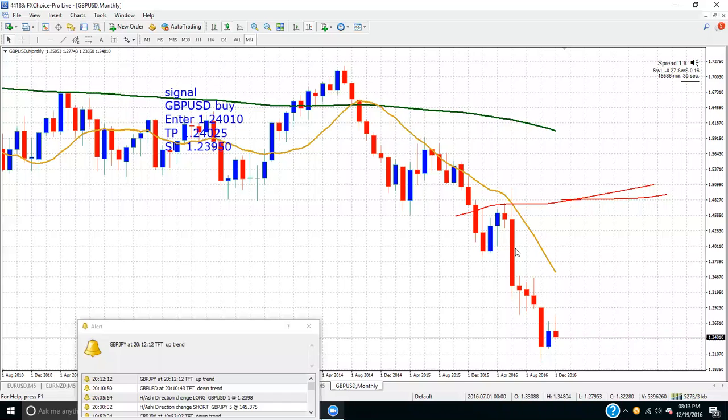Your red candles are, so this pair has been in what's called a bear trend. It's been bearish, okay? So the terms that you're going to hear, you want to write this down. You're going to hear sell, short, and bear. All of those things mean that price is going down. Or we're going to go short on GBP, that means we're going to sell.